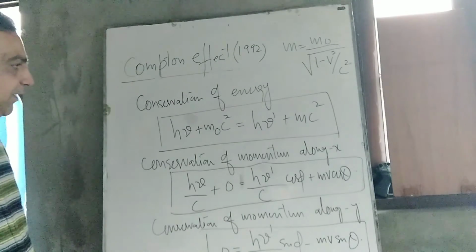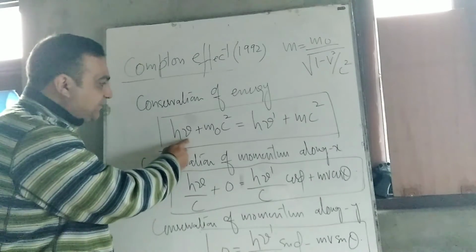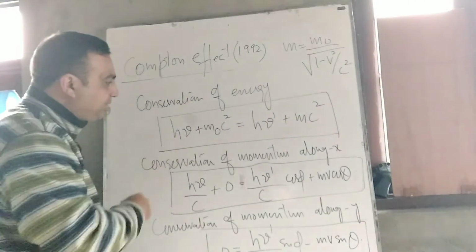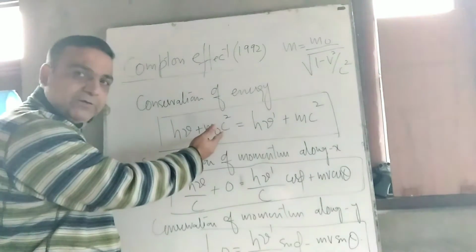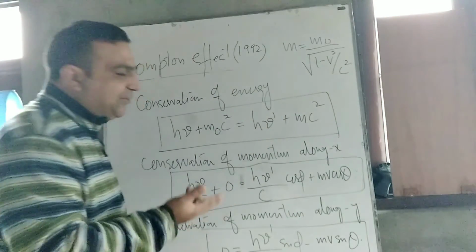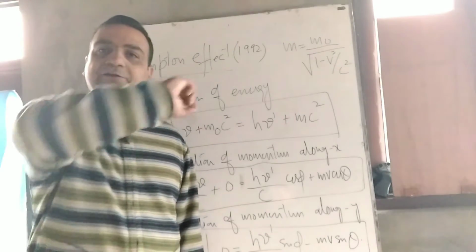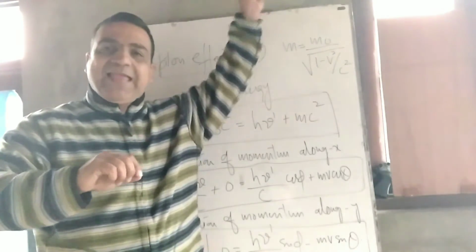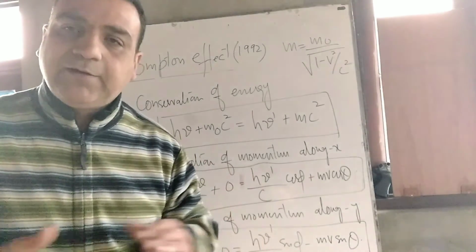All of you are very well aware of them. h is Planck's constant, nu is the frequency of the photon, m0 is the rest mass of the electron, c is the speed of light, which is constant, and nu dash is the frequency of the scattered photon, the photon that is scattered after hitting the electron, which is assumed to be momentarily at rest.